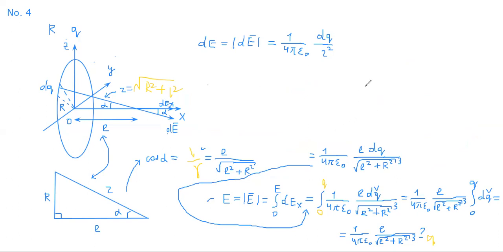So we have obtained that the modulus of electric field intensity on the axis of the ring is equal to 1 divided by 4π epsilon 0 multiplied by LQ divided by square root of L squared plus R squared, to the power of 3.